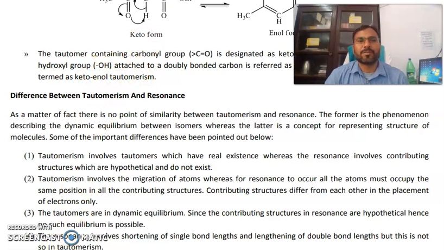The tautomer containing a carbonyl group is designated as the keto form, and the other, containing a hydroxyl group OH attached to a doubly bonded carbon, is referred to as the enol form. This kind of tautomerism is termed keto-enol tautomerism. So you can see this is the C=O keto form and this is the enol form.